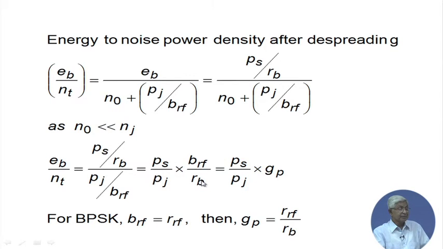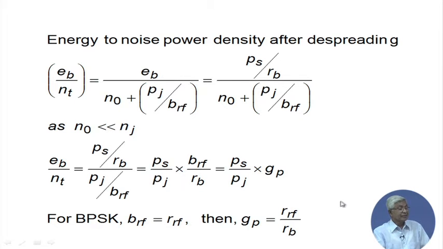The individual bit rate is multiplied by the code rate, that is how you get the spread. In case of BPSK, BRF is equal to RRF. So the coding gain or processing gain, or CDMA gain, you can call it small GP. GP is RRF by RB or BRF by RB, whichever way you say.